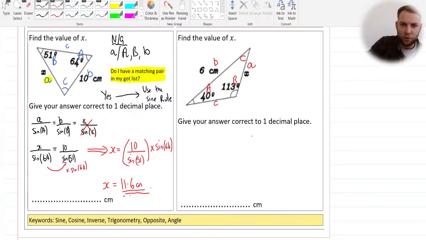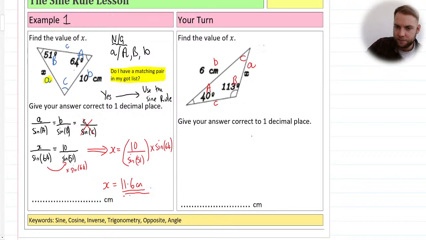So then I do my need and got list. What I need in this case is little a, and what I've got is capital B, little b, and I've also got capital A. Brilliant.